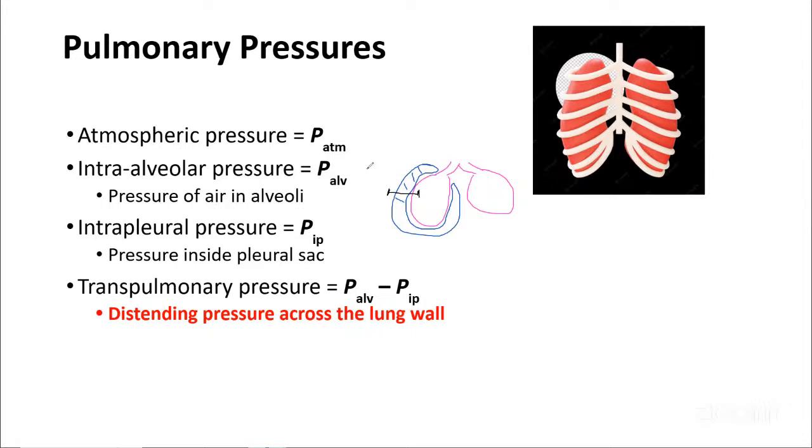This is a distending pressure, meaning it's a pressure that causes the lung to change shape, to distend, to expand. And that transpulmonary pressure we find by subtracting the intrapleural pressure, the pressure inside this intrapleural sac, from our alveolar pressure, the pressure inside each alveolus, which colloquially we're thinking about as our lung pressure, our pressure inside the lung.